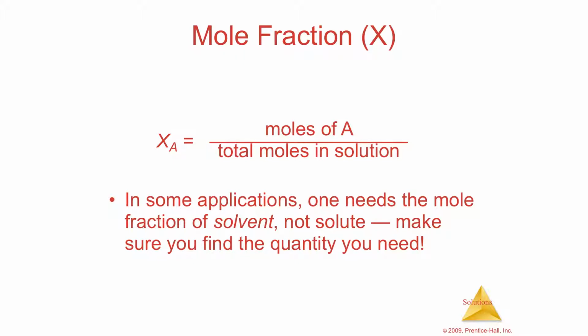It is simply the relationship between the moles of something you're looking at that's inside a solution and the total moles of the solution. Now, this is very useful in gases.